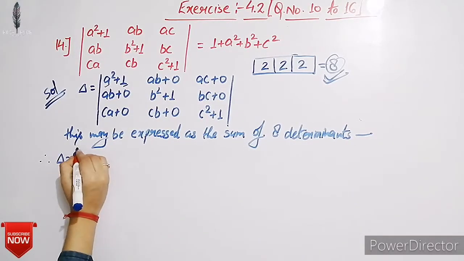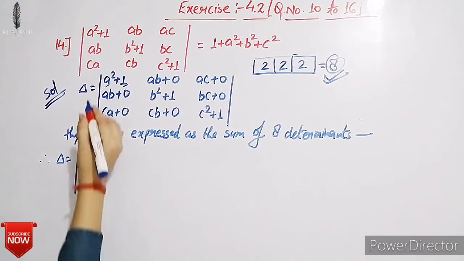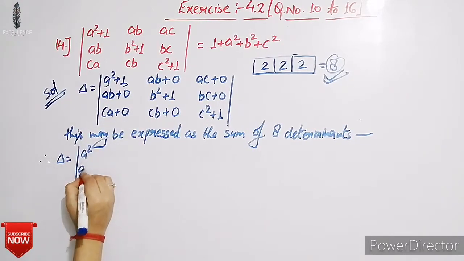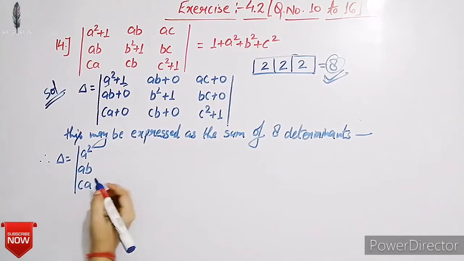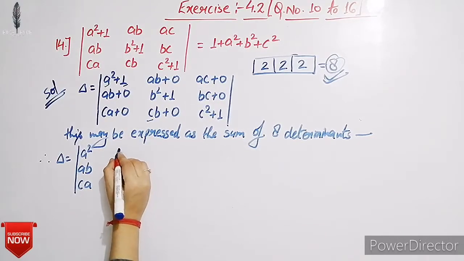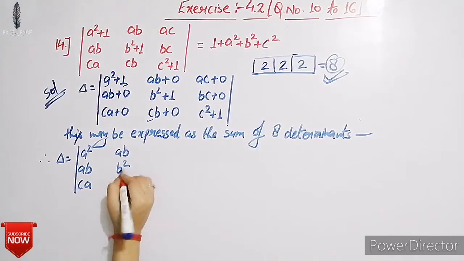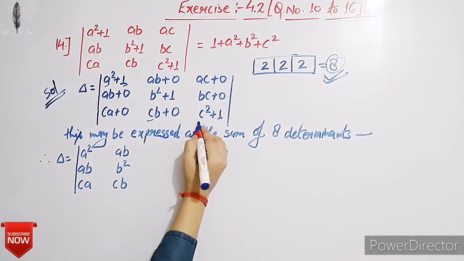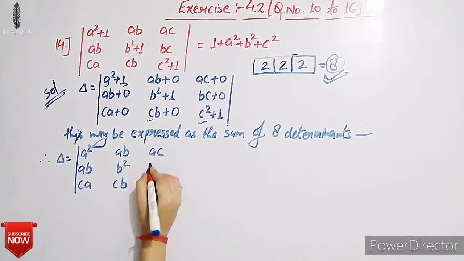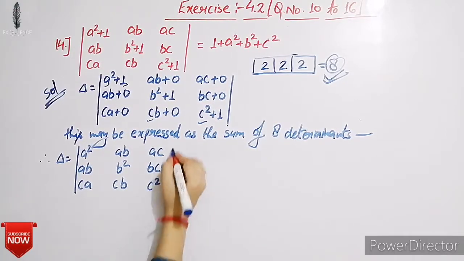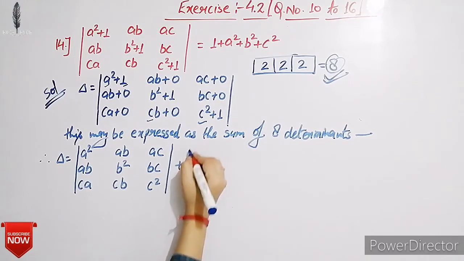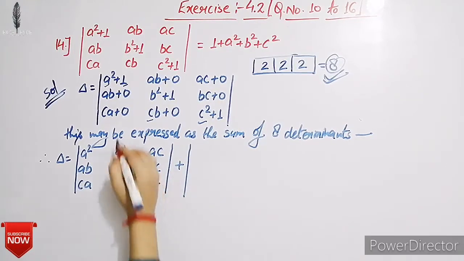Here, delta is equal to the first possible determinant: a square, ab, ca; ab, b square, cb; we take only first terms AC, BC, C square, plus the second possibility.